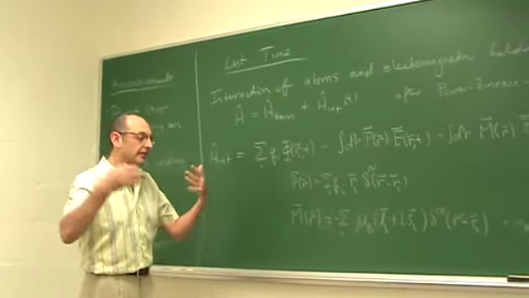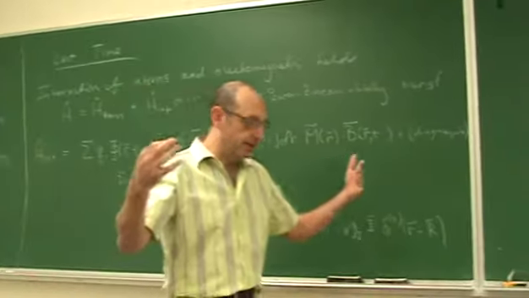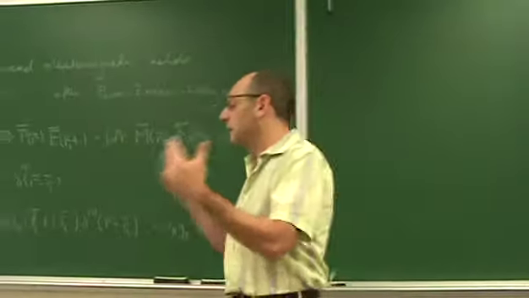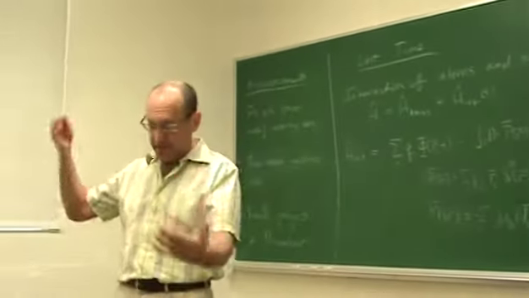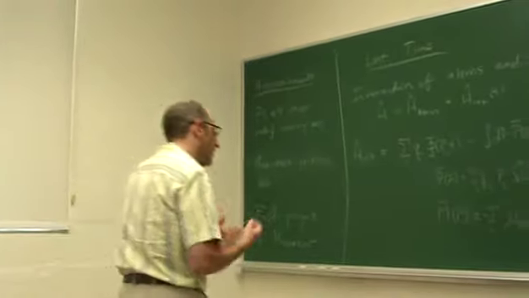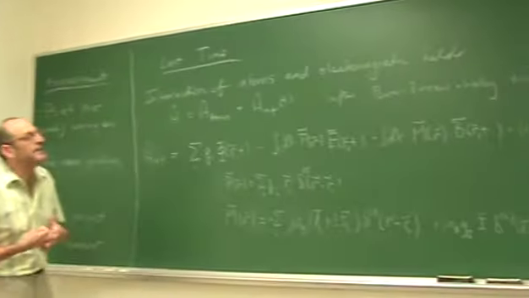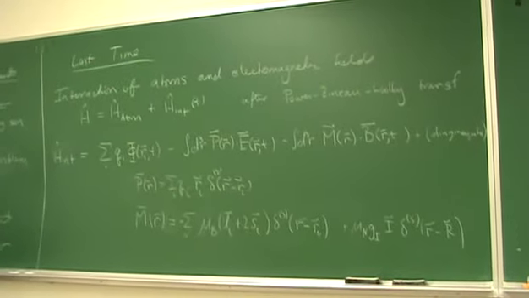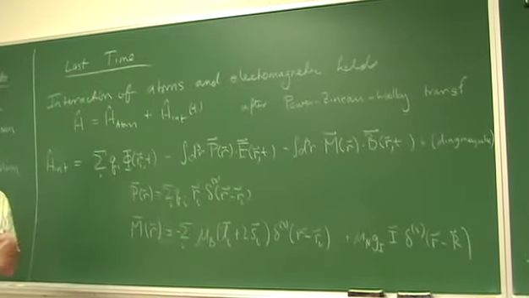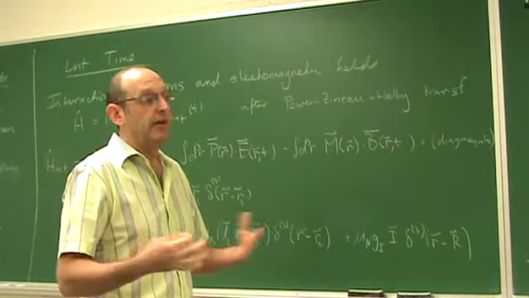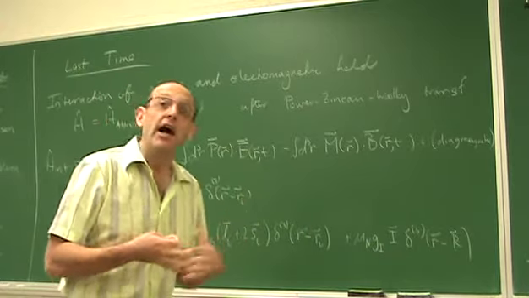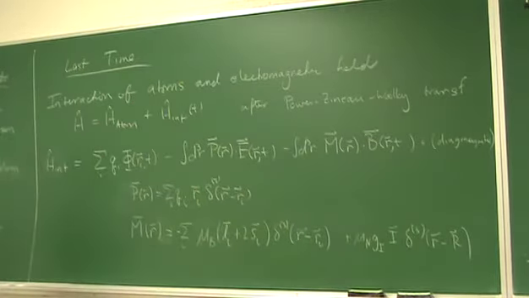So to do that, we started at the end of the last lecture. What we did is that we wrote down the fundamental minimal coupling Hamiltonian, so to speak, in terms of the vector potential and the scalar potential. And then under a particular gauge transformation, we can rewrite that in a way that is convenient in the context of the interaction of atoms with light, or generally in the non-relativistic approximation, as we'll explain in a moment.